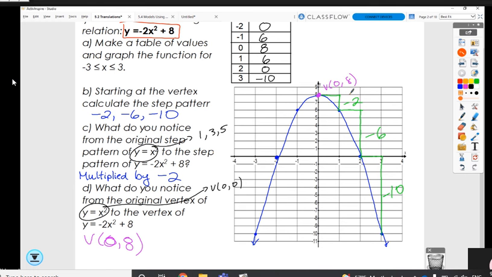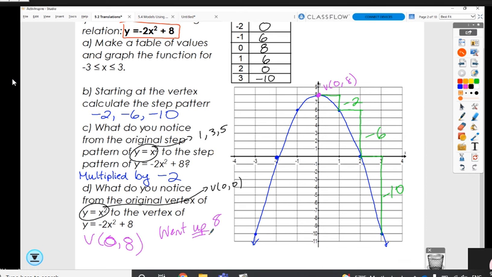What do we notice? Well, it just looks like it went up 8 spots. It went up 8. So now that you have a great idea of what that A value does, yeah? Up, down, skinny, narrow or wide.